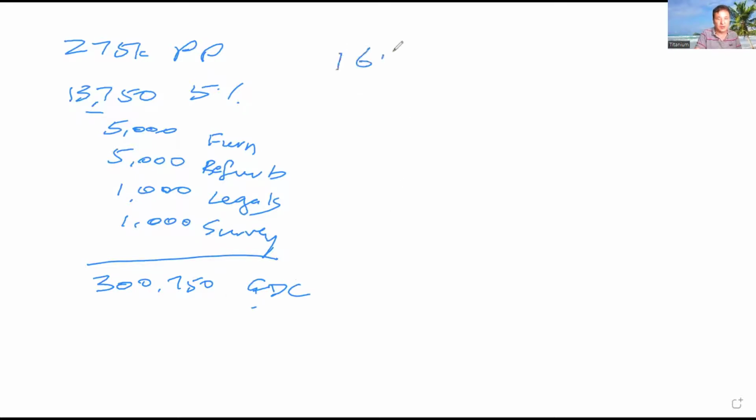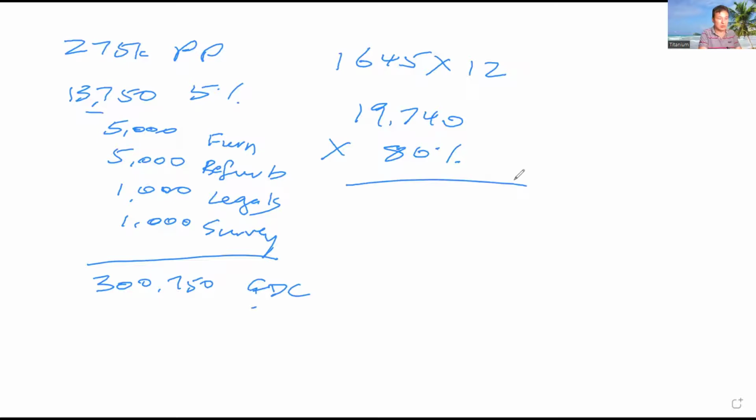So 1,645 times 12 is 19,740, times 80% margin, right? So times 0.8, 15,792. Okay, so let's say you get a mortgage for 275.